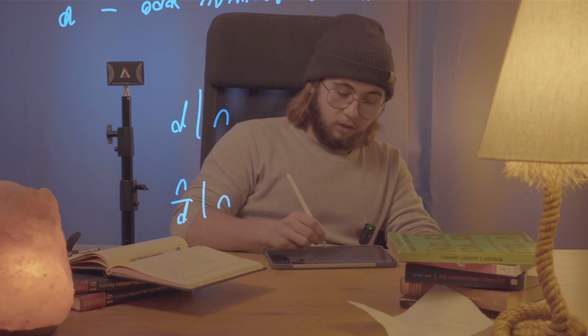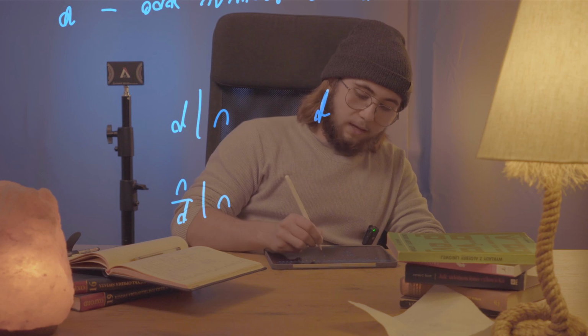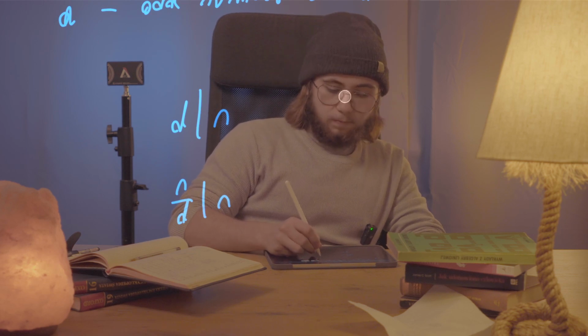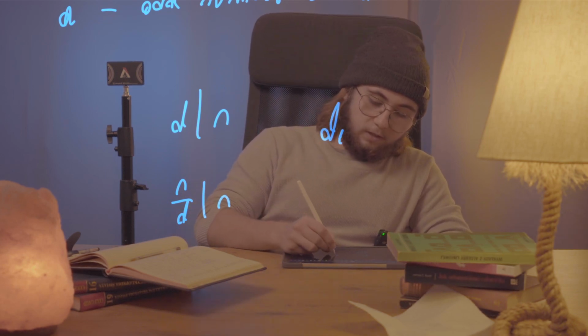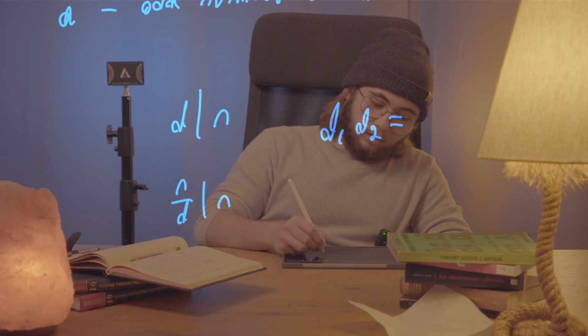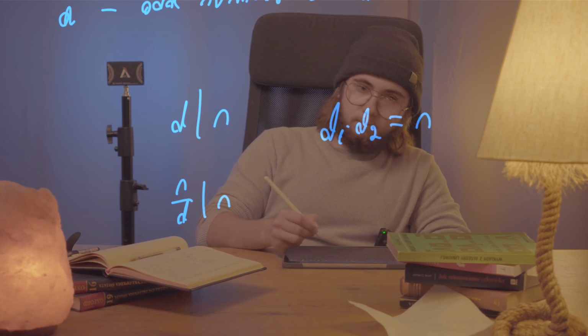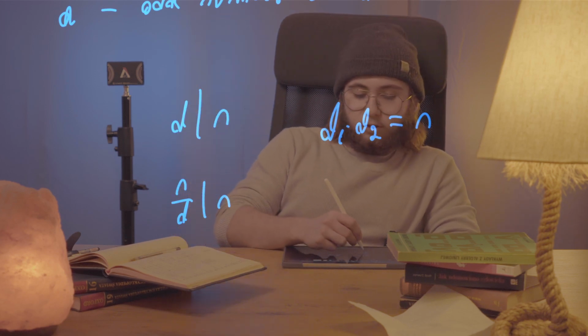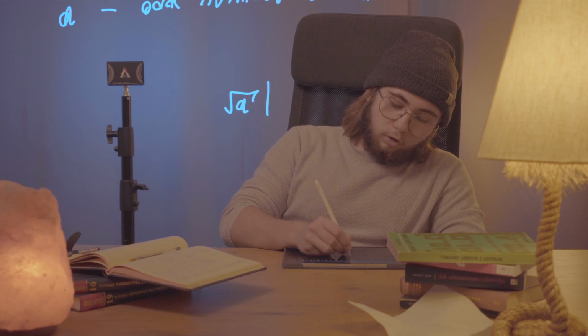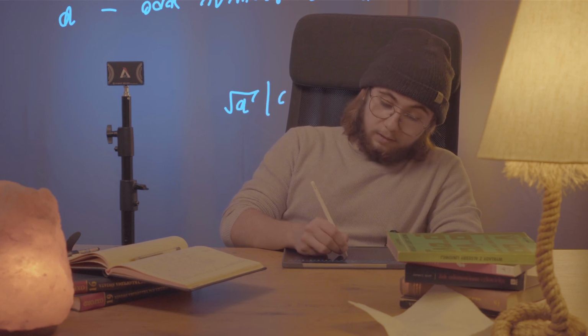And so we can go on and pair up all the regular divisors into pairs of divisors, let's say d1 and d2, such that the product is equal to the number that they divide. The problem is that whenever we have perfect squares, let's say a squared, there will be this one special divisor, the square root of a squared, which is a, which definitely divides a squared.